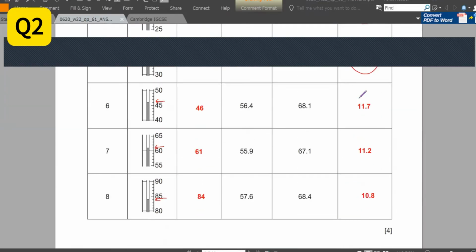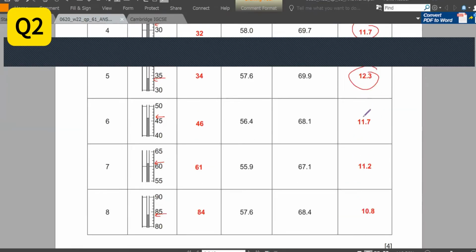But when we go from 46, 61, 84, we can see that it's almost constant. So it decreased a little bit and then it is almost constant. So basically, we can see that there is a limit to the solubility. At some point, it will become constant.